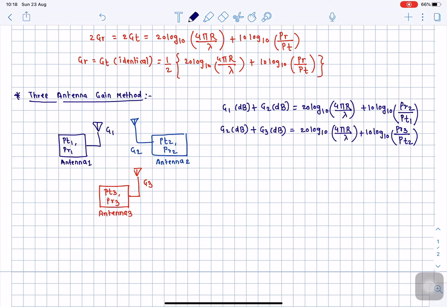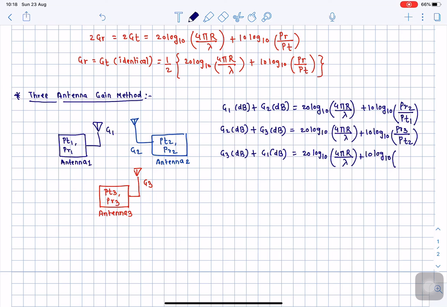Okay, and similarly when we make use of antenna number 1 and antenna number 3, then we can write this equation, the gain of the third antenna in dB plus the gain of the first antenna in dB. Okay, so this can be written as 20 log to the base 10 of 4 pi r divided by lambda, right, plus 10 log to the base 10 of, right?